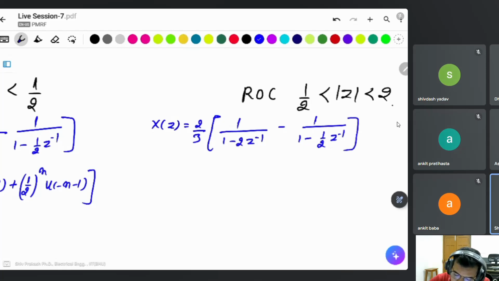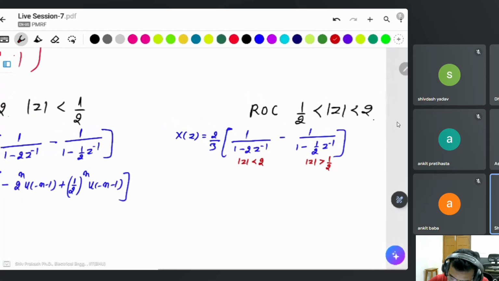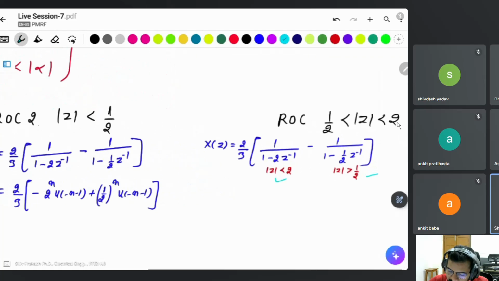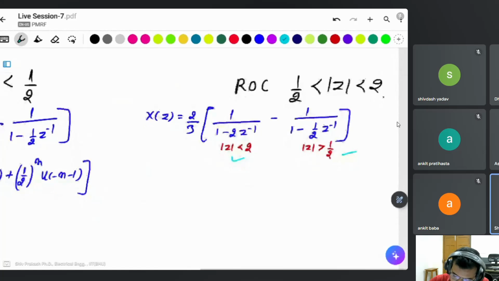Mod of z is greater than half for this term, and less than 2 for the other. Then you choose the formula according to this: for the greater-than ROC, use this formula; for the less-than ROC, use that formula for these two different ROCs.